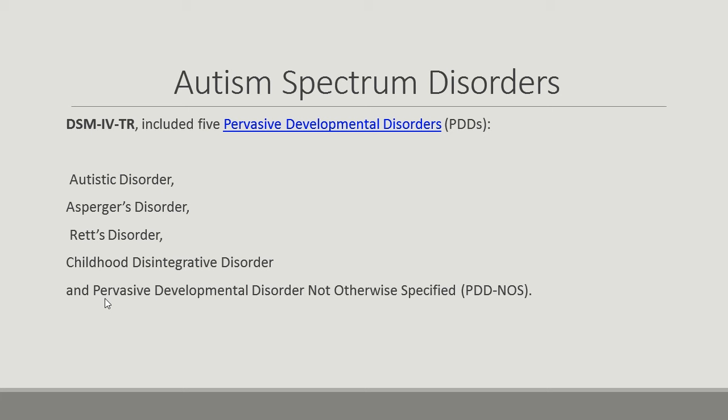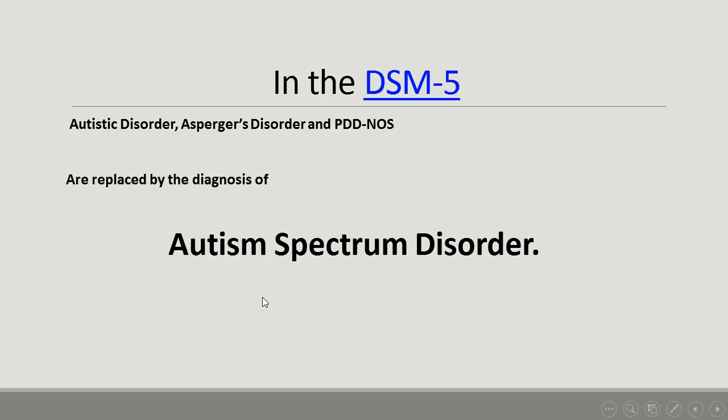No, we actually speak of autism spectrum disorders. In the DSM-4-TR, the American diagnostic system, fourth revision, text revised, it was called pervasive developmental disorder and included autistic disorder, Asperger, Rett's, and childhood disintegrative disorder, plus pervasive developmental disorder not otherwise specified.